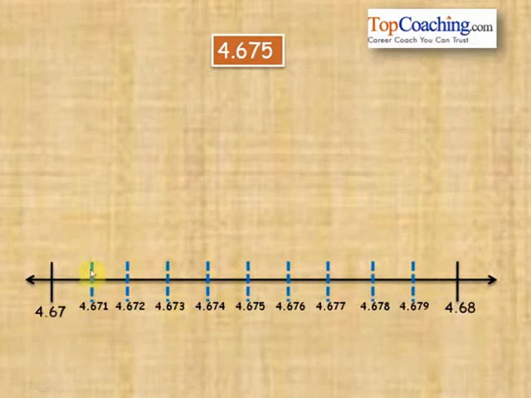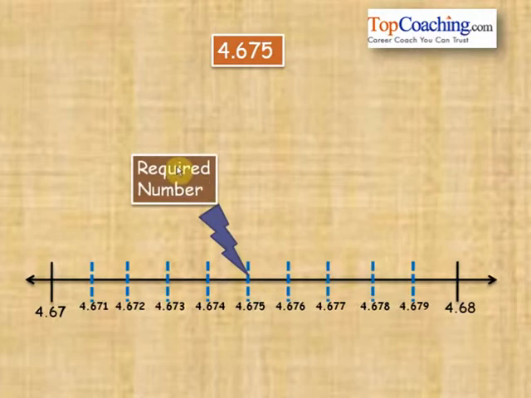So this would represent 4.671, 4.672, 4.673, 4.674, 4.675, 4.676, 4.677, 4.678, 4.679 and finally 4.68. Now we have to represent 4.675, and we get this as the required number.